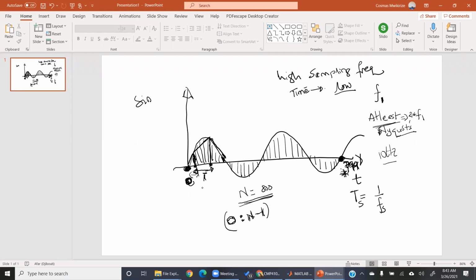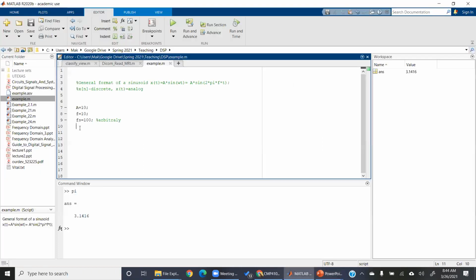And so that is why when I'm defining my time vector, I will write that if I want N samples in my signal, capital N, again, let me define it as an arbitrary value. Let's say I want 1,000 samples in my signal. And again, I'll say this is arbitrary.